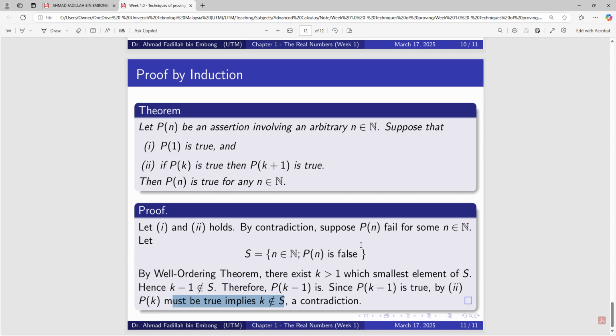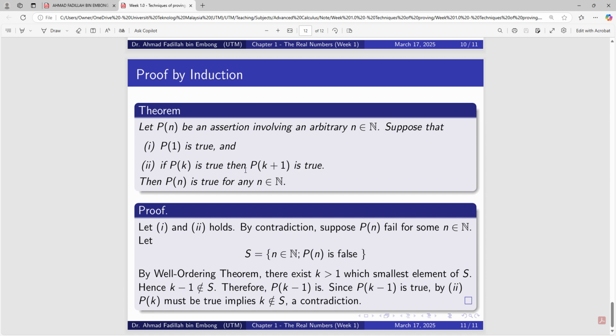So this assumption is indeed wrong. Therefore the truth is that P(n) is true for any n inside the natural numbers. So this is a proof by induction.